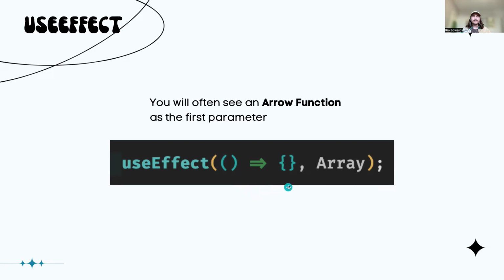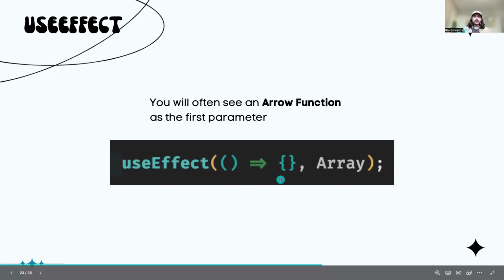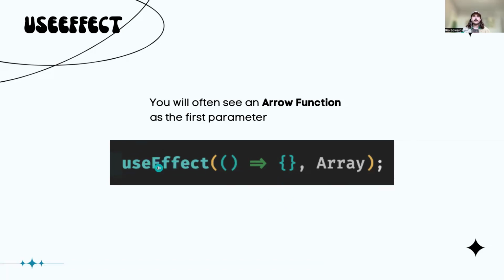And the idea of a callback function is this function, useEffect, is going to be responsible for calling our function. So we don't call our function, useEffect calls our function, and it determines when to call it. And because React is complicated with its component render cycle, this useEffect ensures that our function is called at specific points in the render cycle when we need it to.